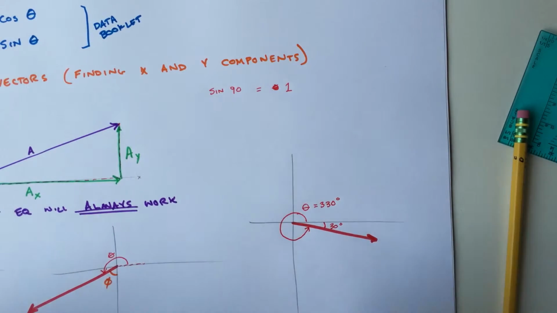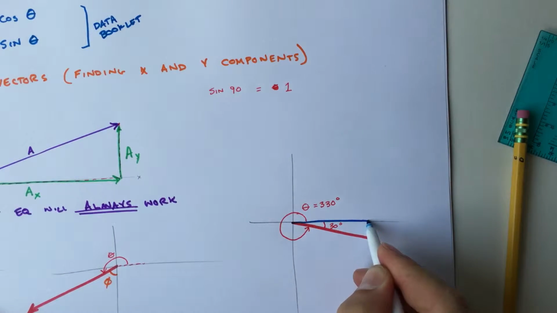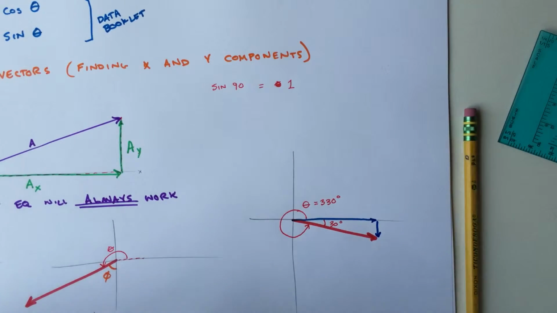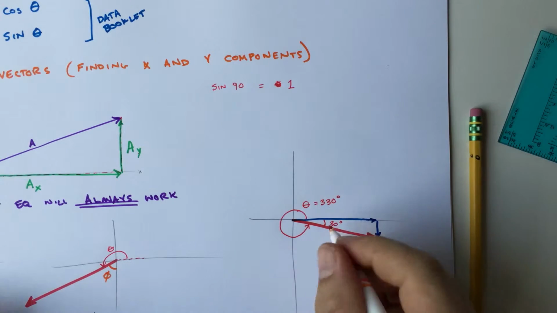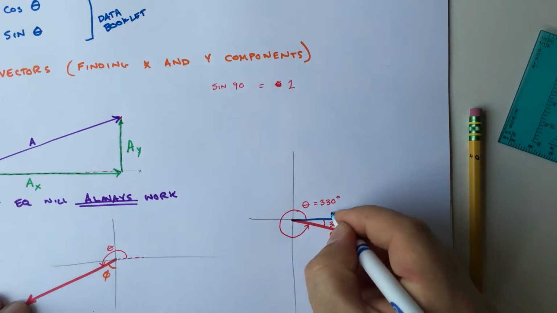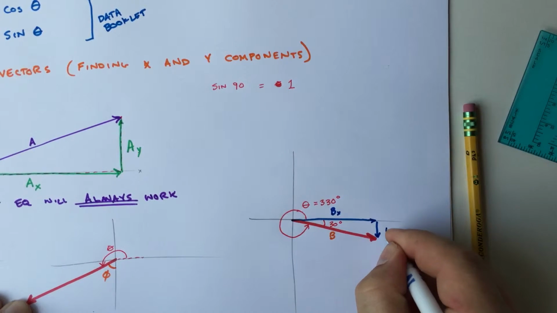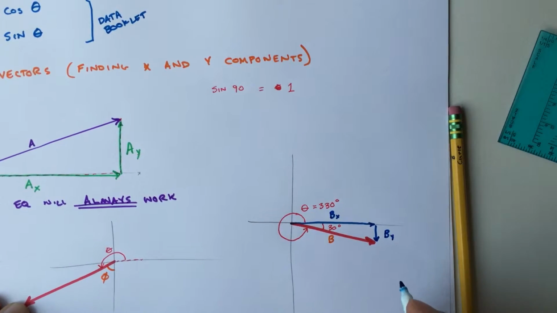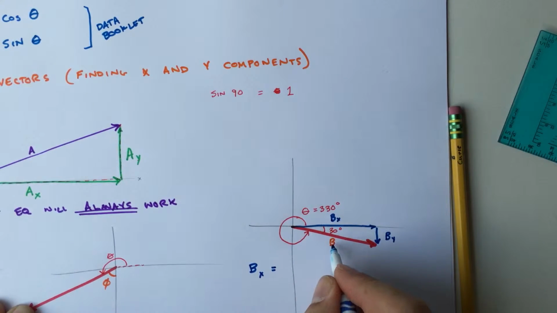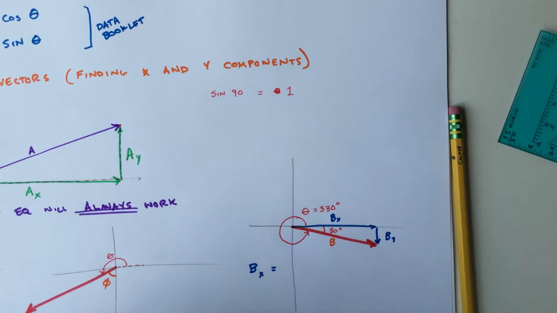And in order to find the x and y component of this vector, let's say we call this vector b, well, in order to find what is bx and what is by, I'd say that bx is equal to whatever b is. Well, let's give it a number.